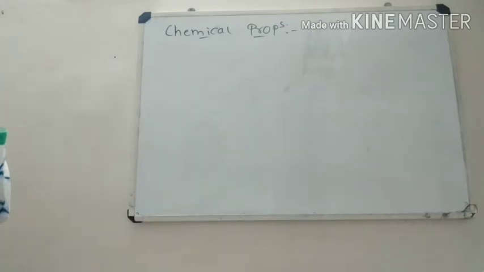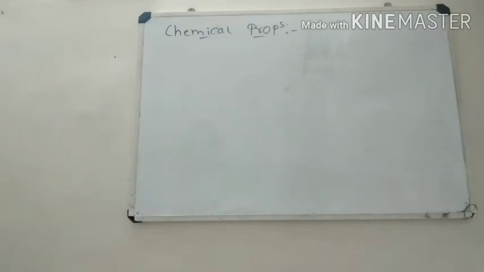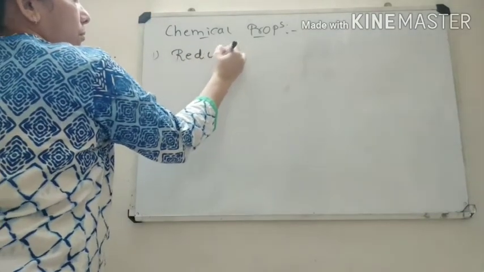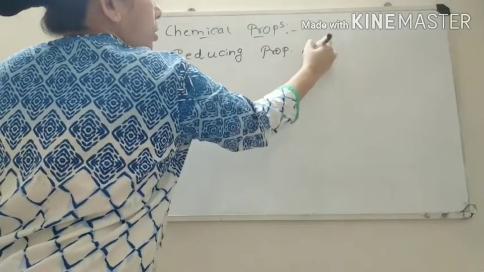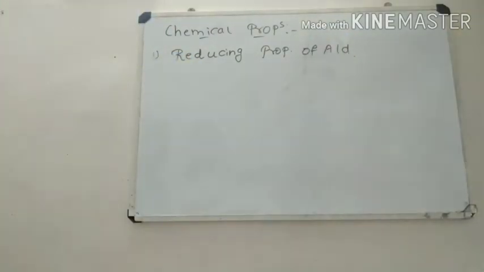Now the chemical properties of aldehyde and ketone: the first one is the reducing property of aldehydes. We have already done the reducing property in the 11th standard.